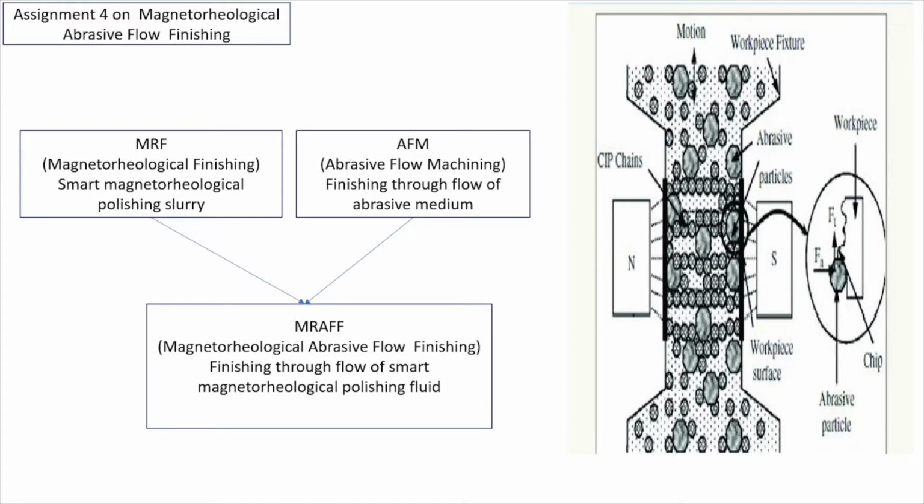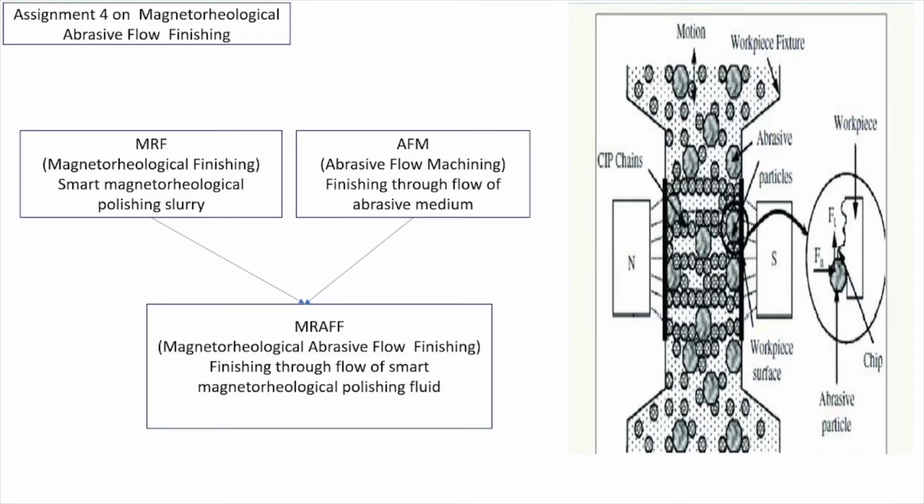For example, grease, mineral oil, or some surfactants, then silica, are used, and the rheological behavior changes in the presence of a magnetic field. So overall, the smart behavior of MR fluid is used in this process, which can be precisely controlled in the finishing process.